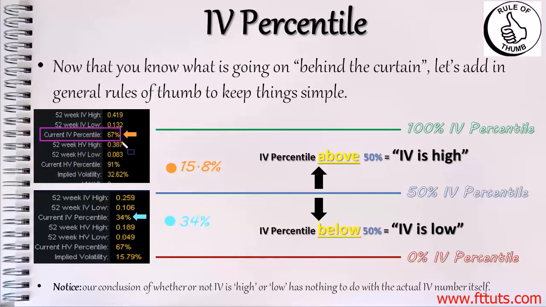Yeah, those other values are nice, and I did want to explain them, but these are the only numbers that you really need to look at if you want a very streamlined analysis process. So the general rule of thumb: if that IV percentile number is above 50%, then you're going to say that IV is high. If that IV percentile number is below 50%, then you're going to say that IV is low.